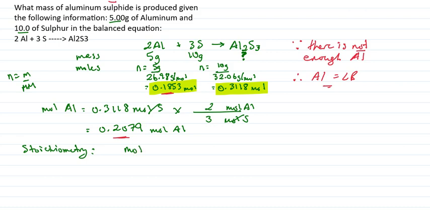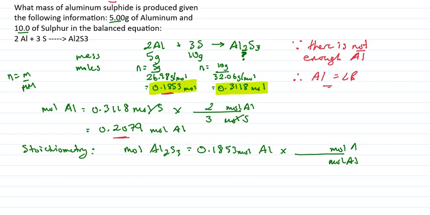Okay, so the stoichiometry portion is this. And let's continue to use a factor label method. We need to figure out how much product we are going to have. We now know to use just the aluminum, the number of moles of aluminum. Multiply that by a conversion factor. We have to get rid of aluminum, so that goes at the bottom.